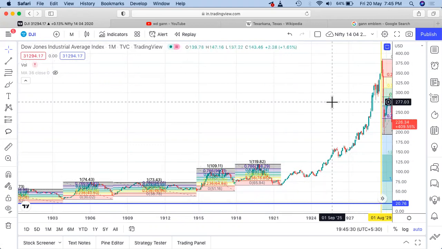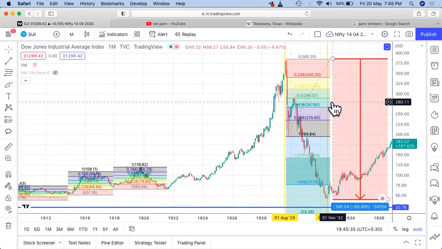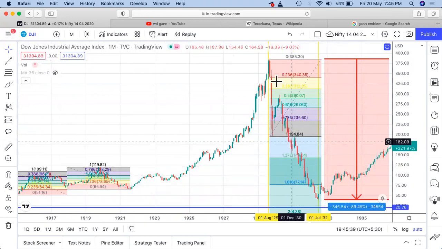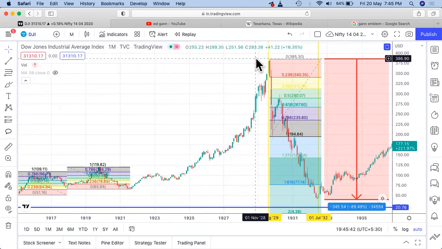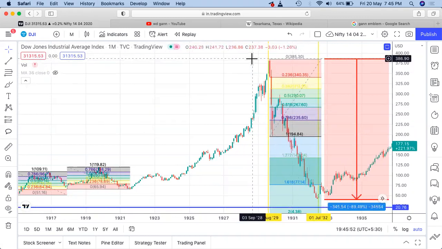And after that, there was a huge fall. This fall came down from 386, that is 400 levels, to the bottom of 40. So it had dropped by 90% or even more, right?